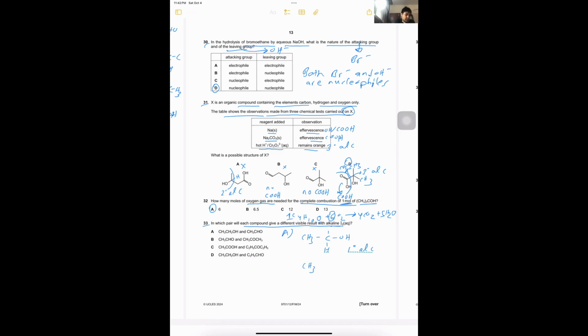So this one gives a yellow PPT with only one alkyl group, the ROH.